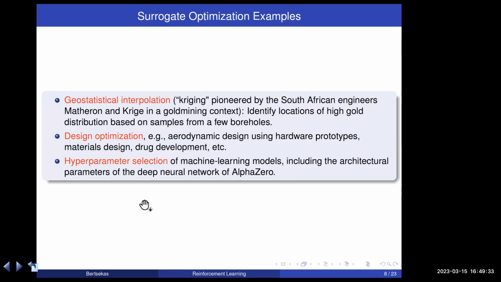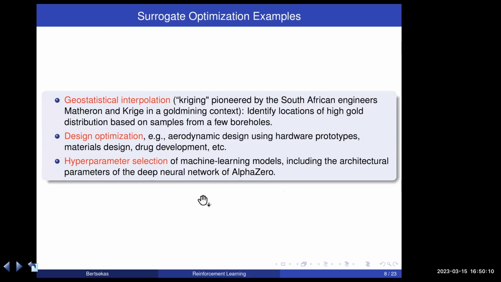A more recent application, in the last 10, 15 years, has been the tuning of the hyperparameters of machine learning models like neural networks. A neural network, for example, has several parameters, right? The number of stages is a parameter, how big each stage is is another parameter. And given a data set, we want to design a neural network that will provide good estimates and use this data set properly.